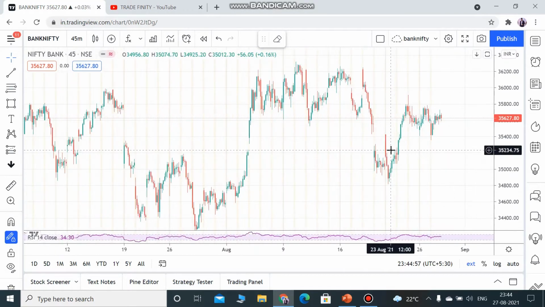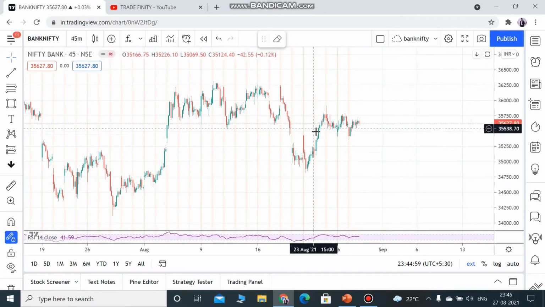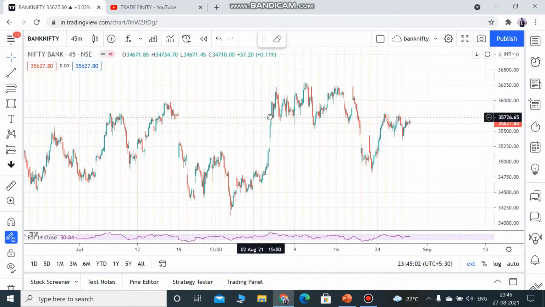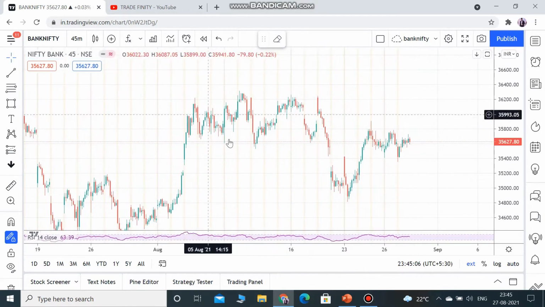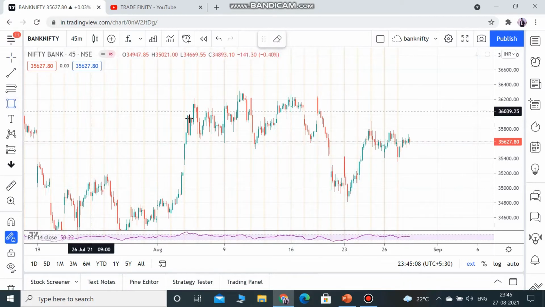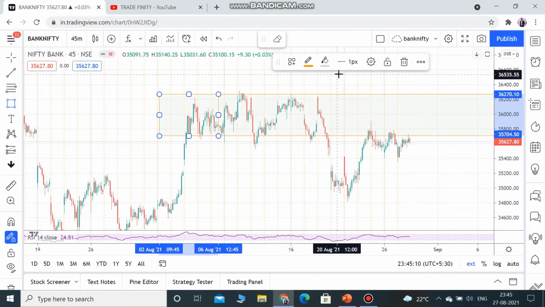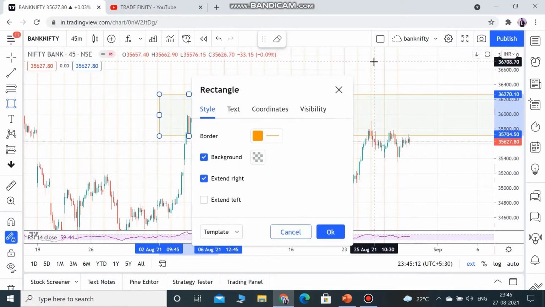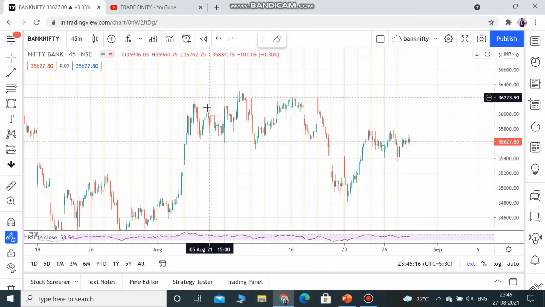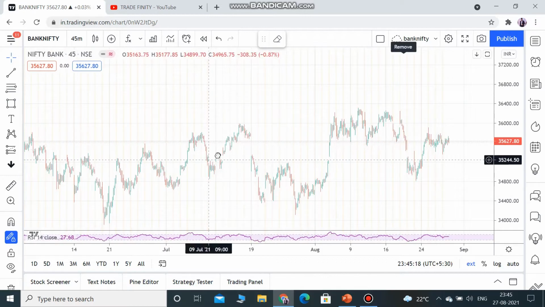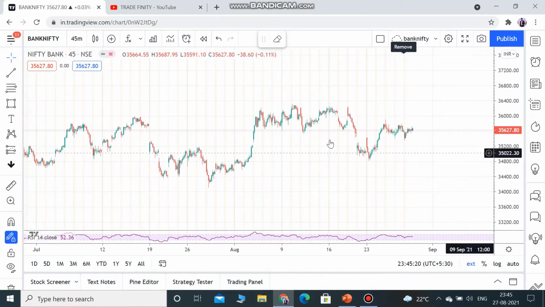I am going to the higher time frame because you get the top view. First I will be marking all the consolidation areas.